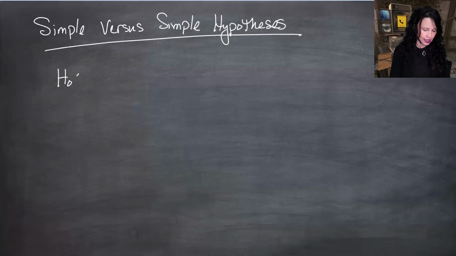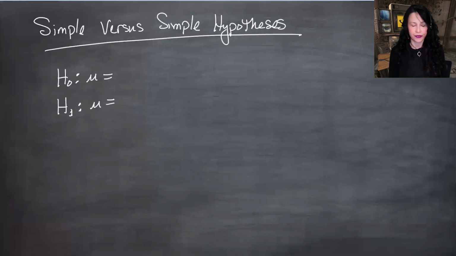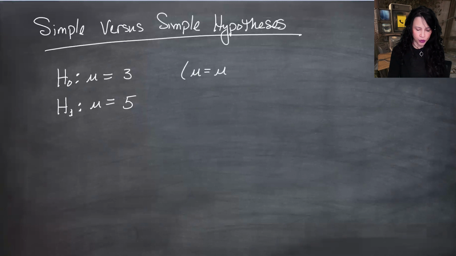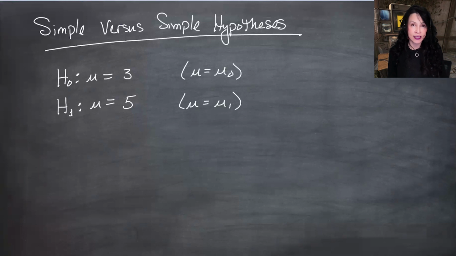Suppose we're testing whether a mean mu is equal to some value versus the mean is equal to some other value. This could be like a 3 and a 5, but more generally, I'm going to say mu equals mu naught versus mu equals mu 1. And the mu naught and mu 1 are known to you.